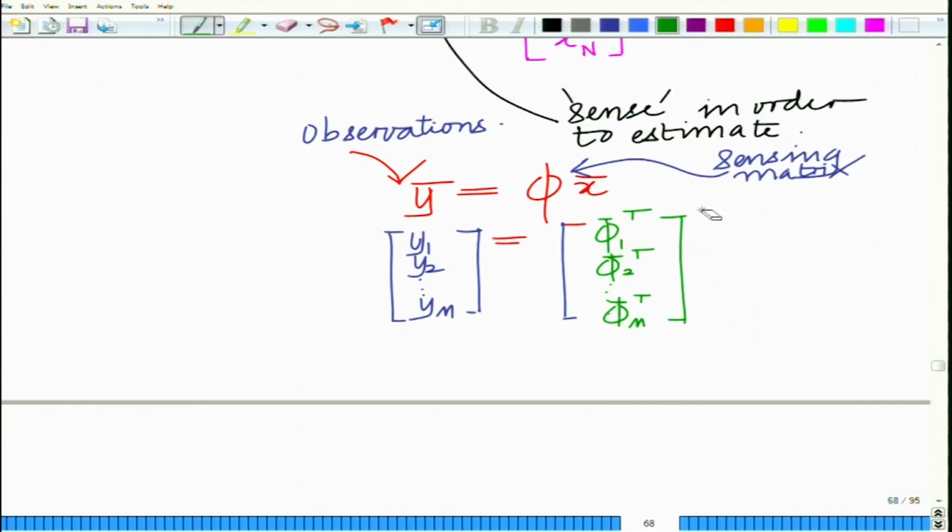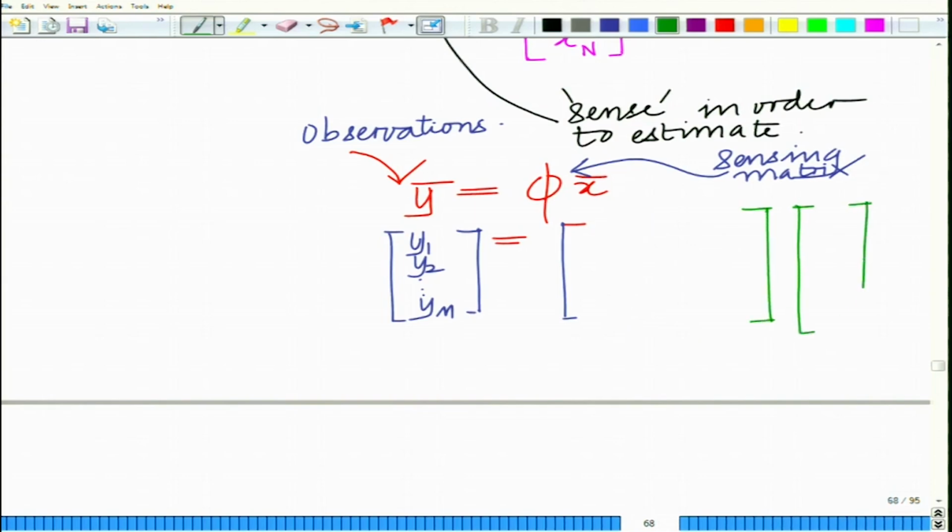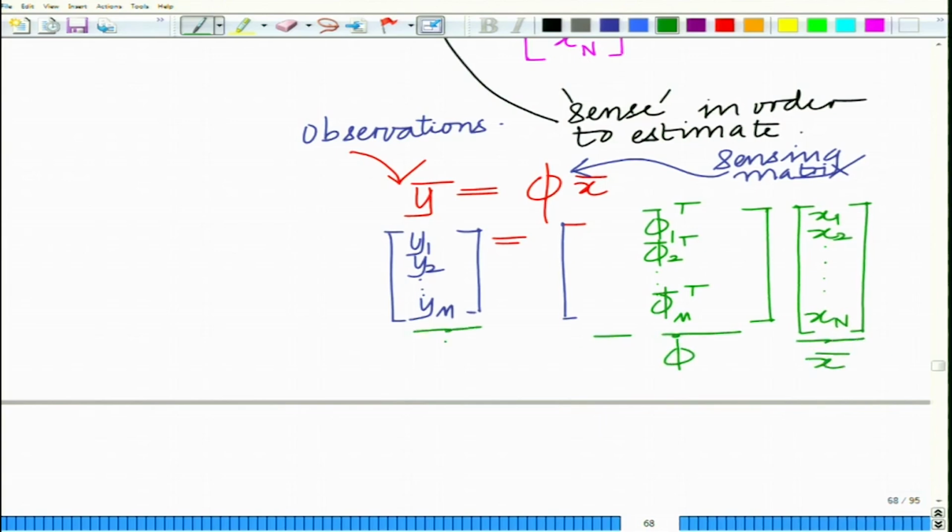Let us write the dimensions suitably so that it is clear. The different rows are phi 1 bar transpose, phi 2 bar transpose, phi m bar transpose, because this is m rows, and this is the vector that is being sensed. So this is your matrix phi, this is x bar, this is the observation vector y bar.